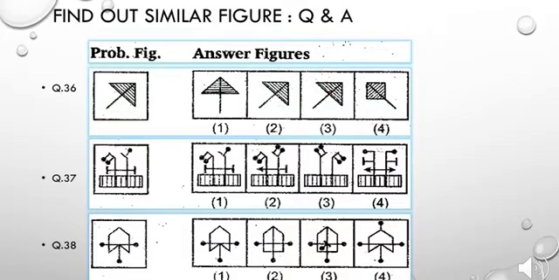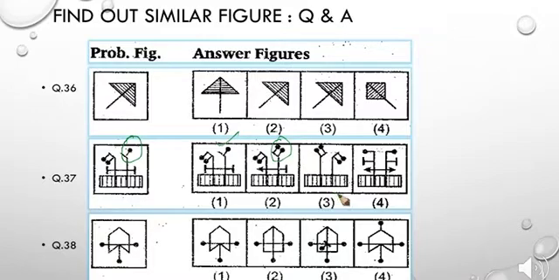Now let's go to question number 37. In this question, this is the problem figure given. When we quickly see the options given, we see that option 1 is looking exactly similar to the problem figure. Just for the sake of confirmation, let's check the other options. Option 2 cannot be the answer because here the shape is different.